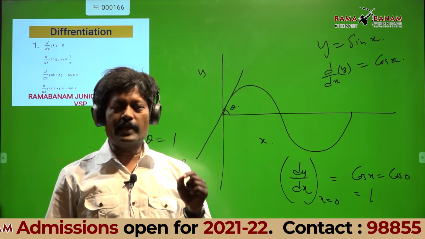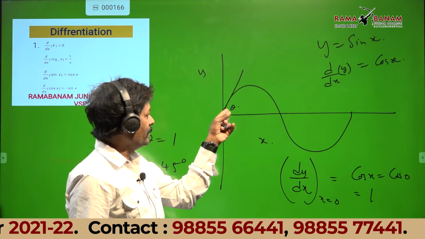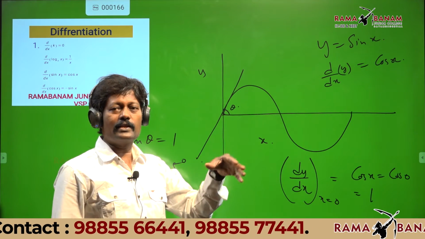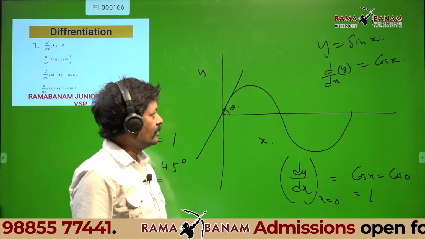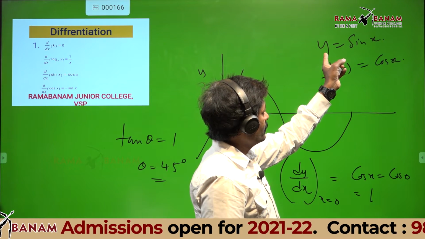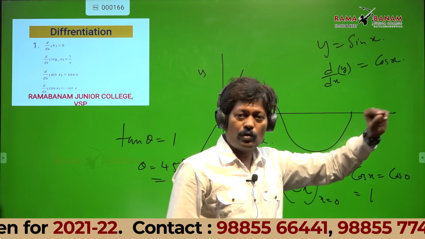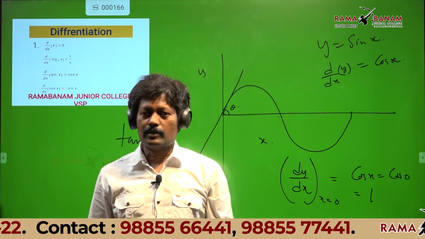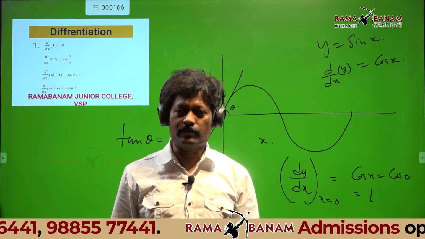So, see the beautiful point there. If I draw a tangent at x equal to 0, it is making some angle theta. What is that angle theta, they may ask you. To find that angle, first you go for the function y equal to sin x. dy by dx is cos x, which is nothing but the slope of the tangent drawn at a point on the sin x curve.